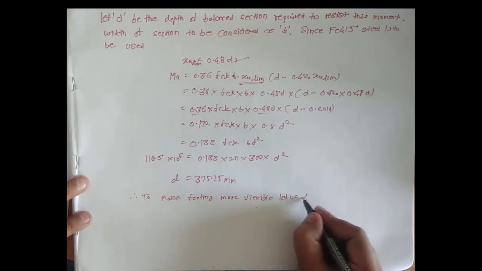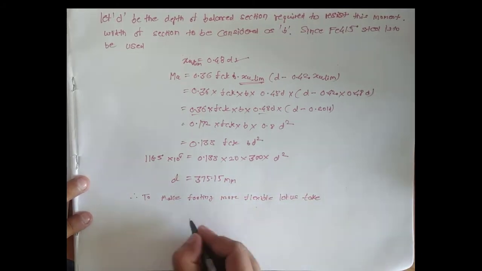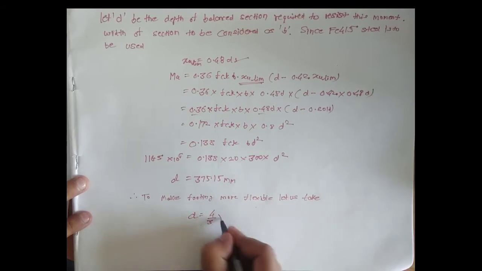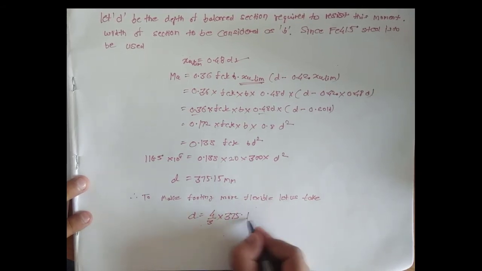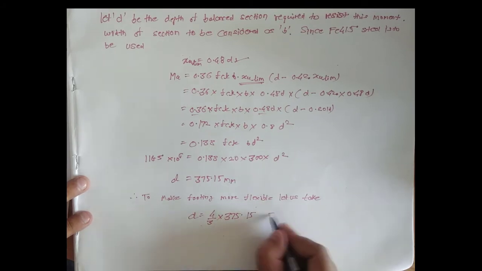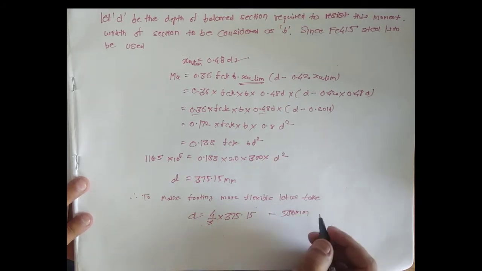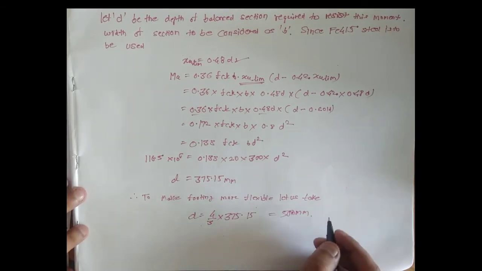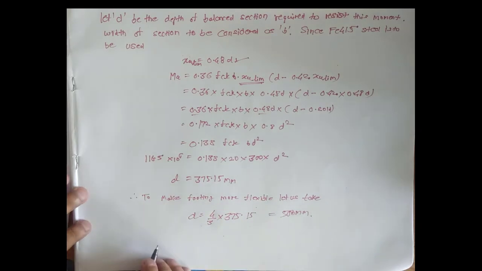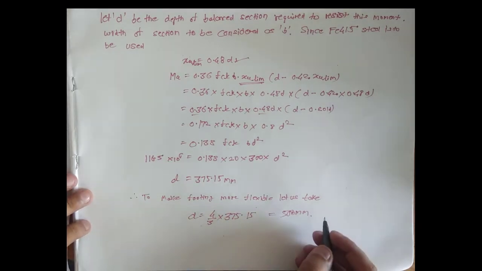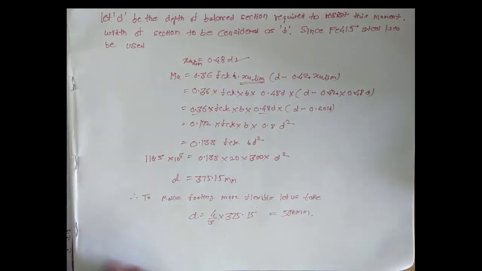So 4 by 3 into 375.15 is coming out to be 500 mm. Okay, 500 mm. Further steps I will write on next page.